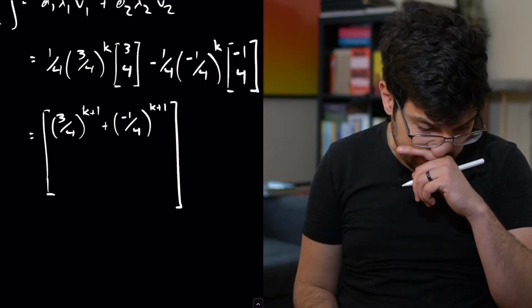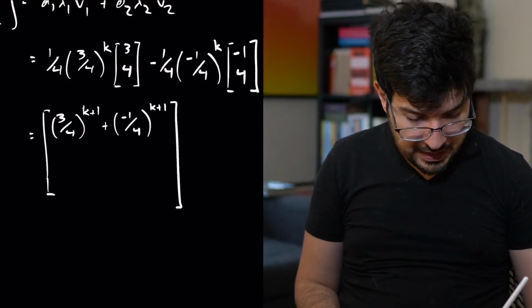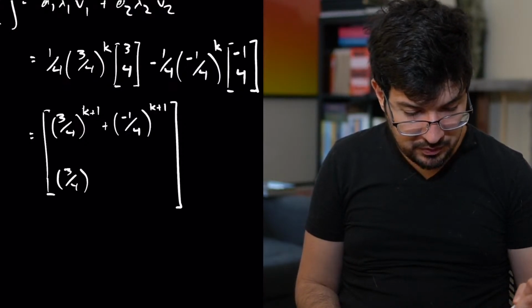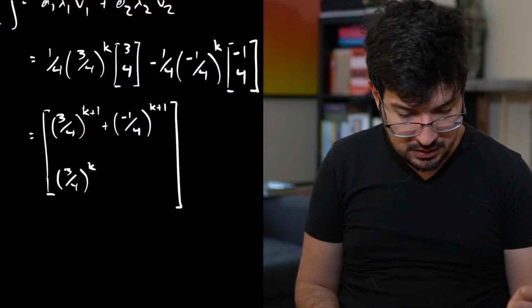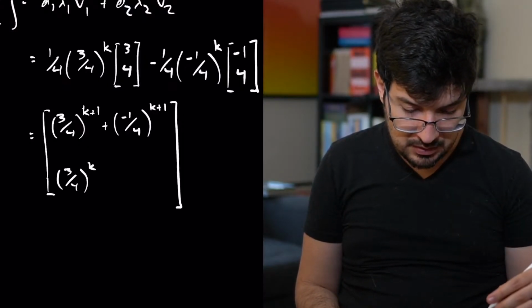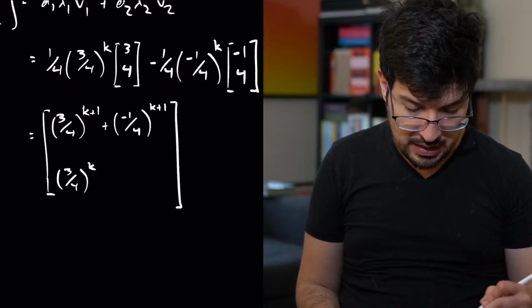In the second component, we have 3/4 to the k minus negative 1/4 to the k.